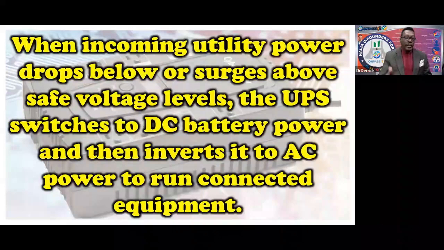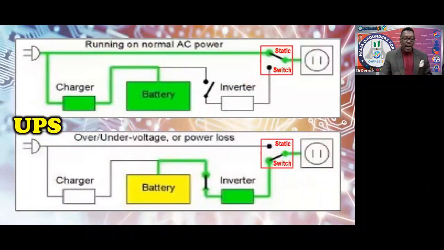When incoming utility power drops below or surges above a safe voltage level, the UPS switches to DC battery power and then inverts to AC power to run connected equipment. So it's very important. In the simple diagram, normal flow goes to a static switch, and the normal current runs through, also charging the battery at the same time.